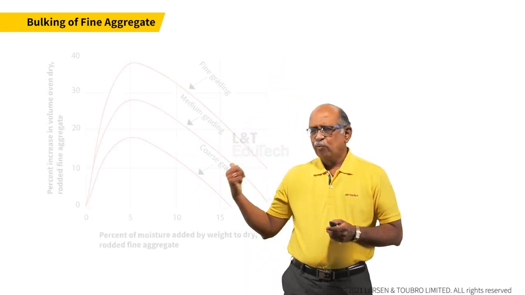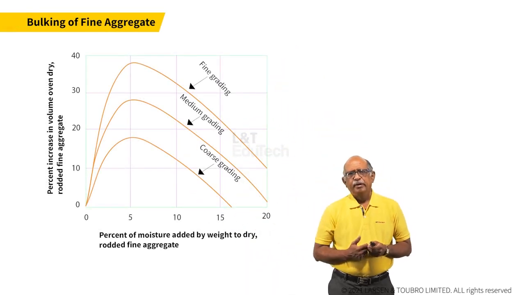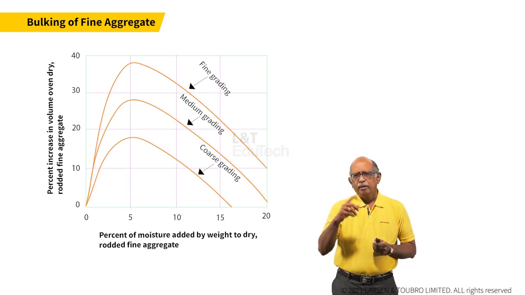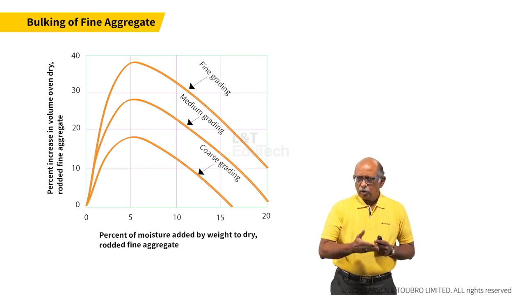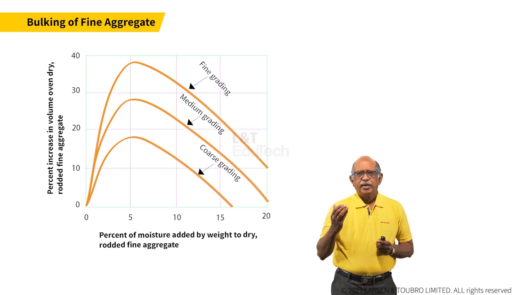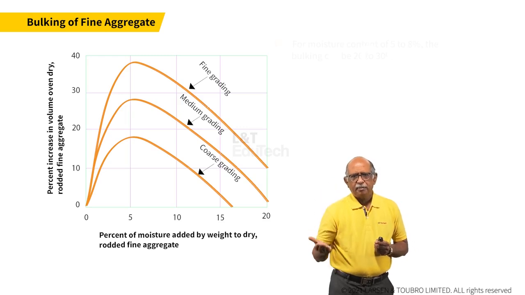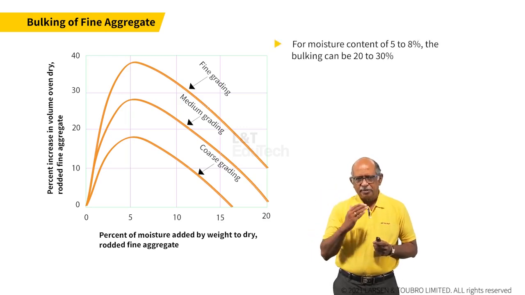When you refer to the graph that has been displayed, it talks about the bulking of fine aggregate. You are finding 3 different graphs for coarse grading, medium grading and fine grading. Okay. This clearly shows how the bulkage is affected when the moisture increases. Normally, for a moisture content of 5 to 8%, the bulking can be between 20 to 30%.